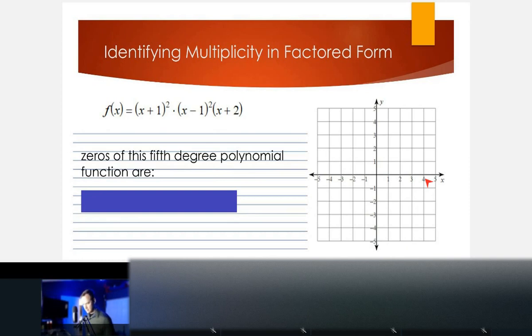All right, before we graph this and write down the zeros, can someone tell us how we can find the y-intercept?